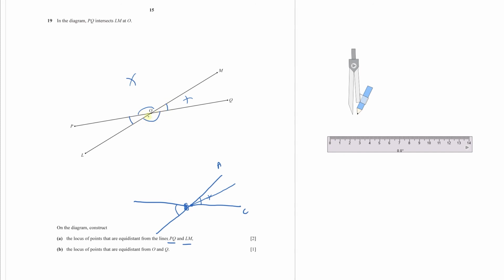But since these angles are pairs where this is equal to this and this is equal to this, you can just draw one angle bisector here and then extend it to the other side, and similarly draw one here and then extend it to the other side. So those four angle bisectors, one for each of these angles, will give you the locus of points that are equidistant from lines PQ and LM.